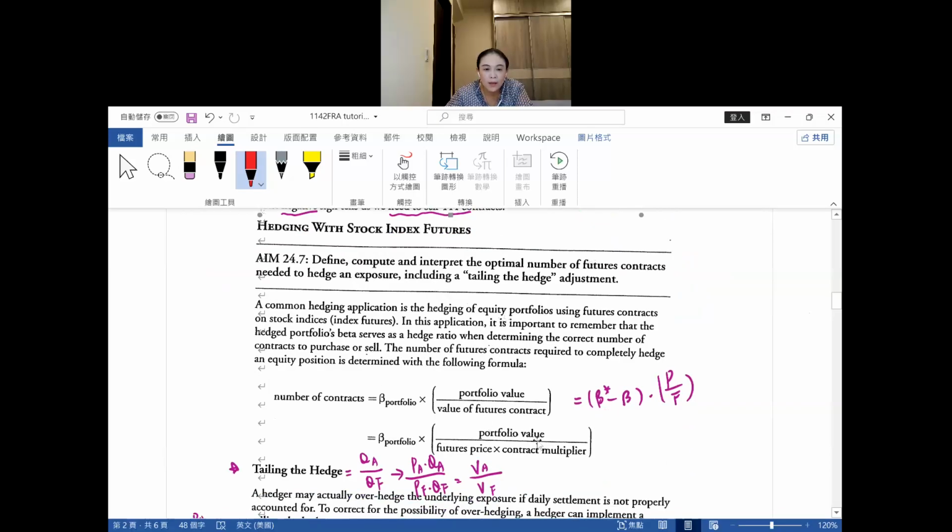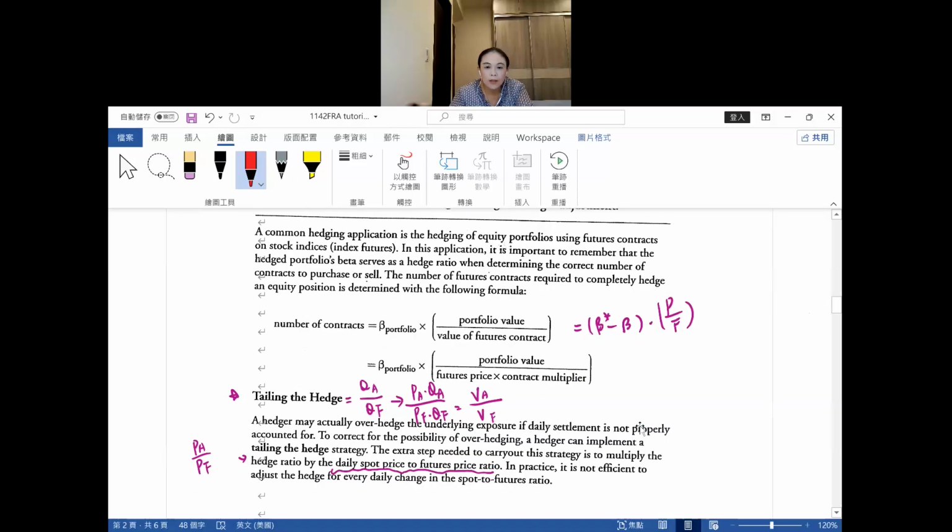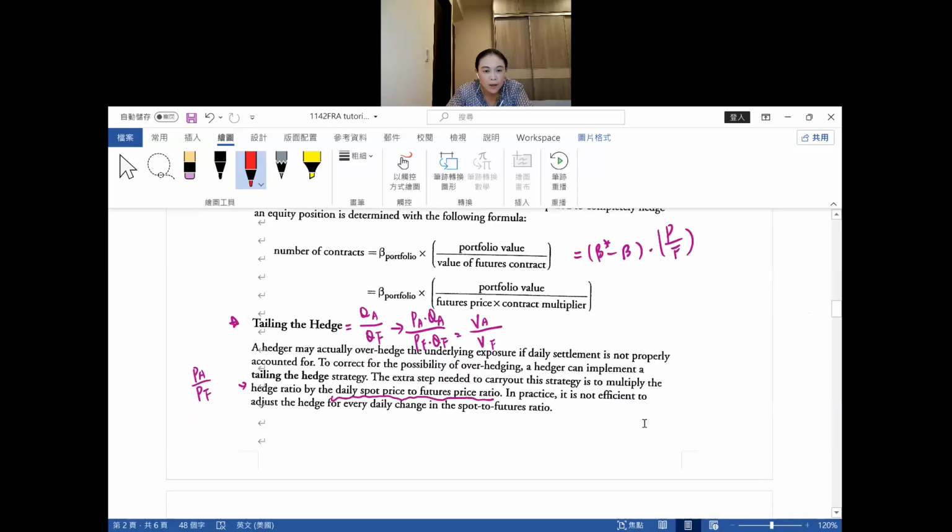So the generalized model is this one. The number of contracts is portfolio beta times portfolio value over the value of a futures contract, which can be the spot position value as well. If you refer the futures and the spot position to the same level, 1080. And the better way is beta star minus beta. The following is tailing the hedge.